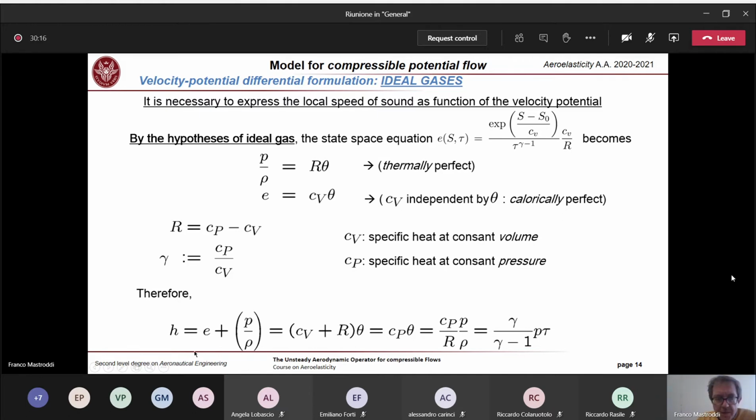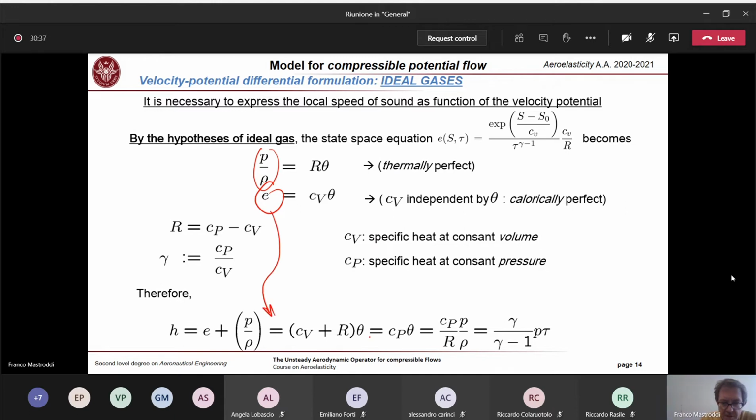And so, following the definition of H as equal to E plus P on rho, we can substitute the definition for E, and then also P on rho here.